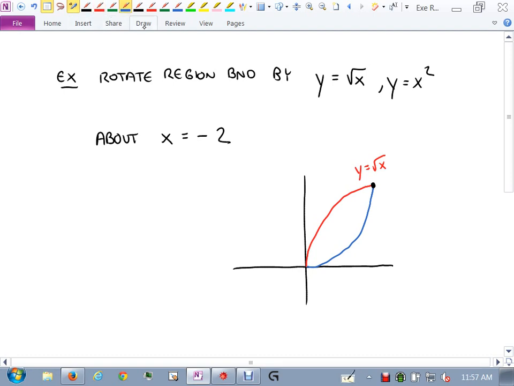The one on the bottom is y equals x squared. I want to take the region bounded by those two. I want to rotate it around where? x is -2, which is a vertical line, isn't it? Now this is not drawn to scale, but there's -2. And here's your axis of rotation.